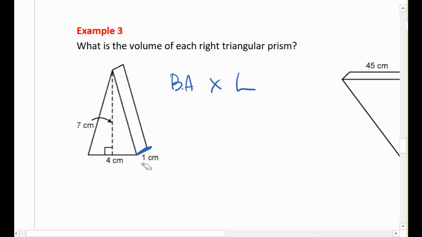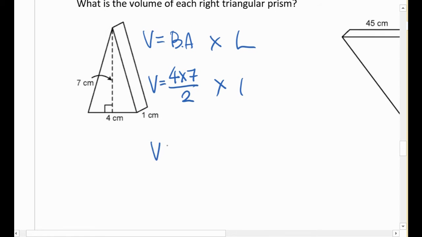This is actually the height of the triangular prism. So 4 times 7 divided by 2 times 1. So this is the volume of the triangular prism. Okay, let's calculate it.